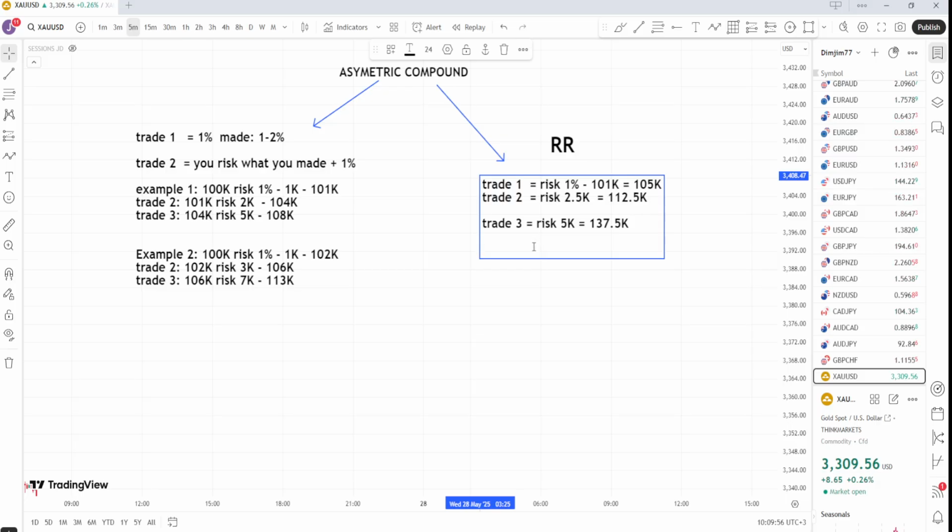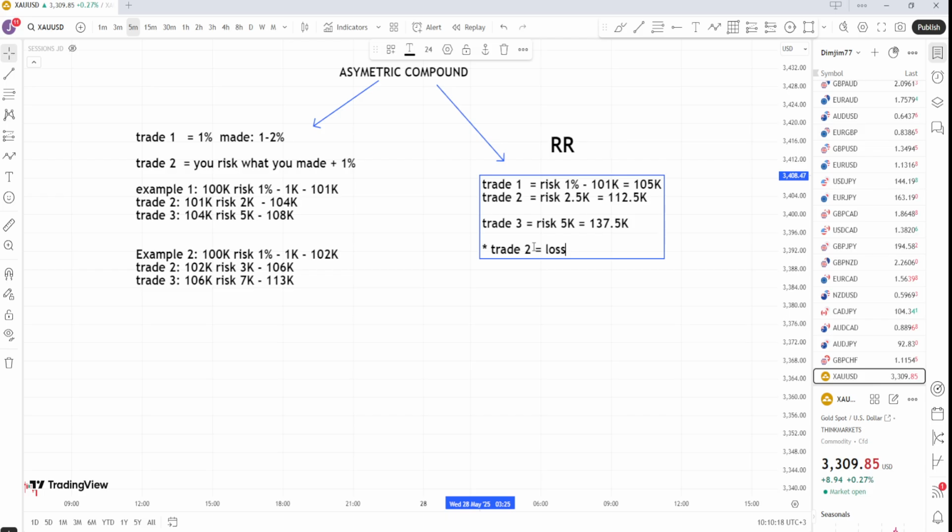Okay. Now let's say trade 2. It is a loss.